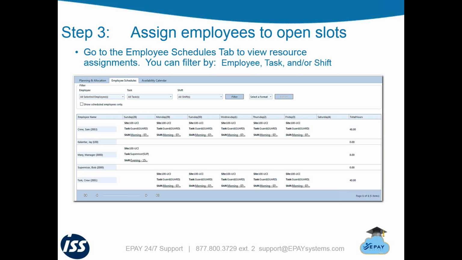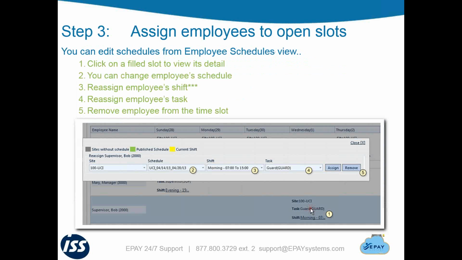This particular view allows you to print it out, provide it for the employees, pass it out, pin it up, whatever it may be, maybe just for your own reference. You have that information available on this screen. I'll go through that a little bit real quick so you can see what that's going to do. Part of step 3 of scheduling an employee also gives you other opportunities, in which you can edit schedules straight from that employee view.